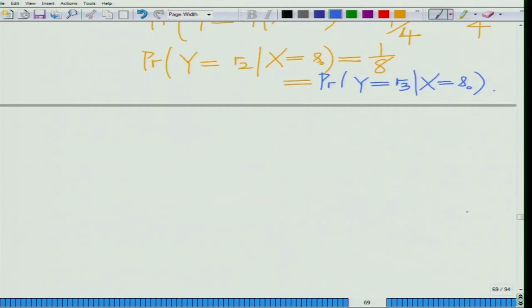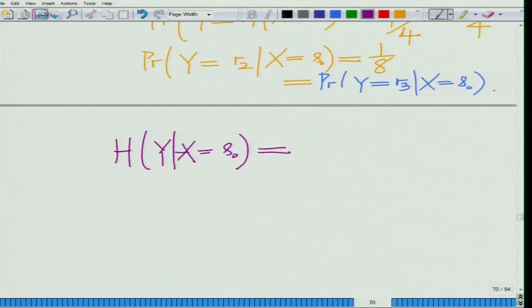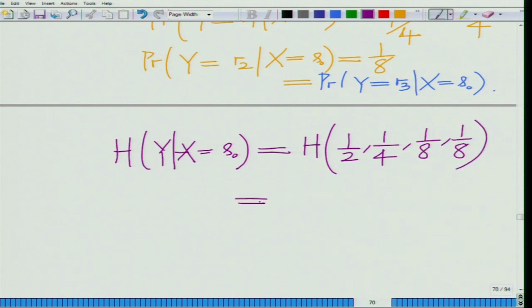So, the entropy of y given x equal to S0 corresponds to the entropy of a source with the 4 probabilities: probability y equal to R0 given x equal to S0, that is half, y equal to R1 given x equal to S0, that is 1 by 4, and the remaining probabilities, that is 1 by 8, 1 by 8.